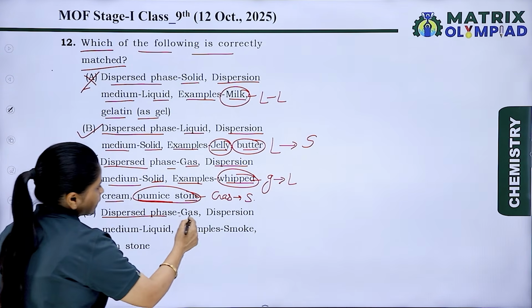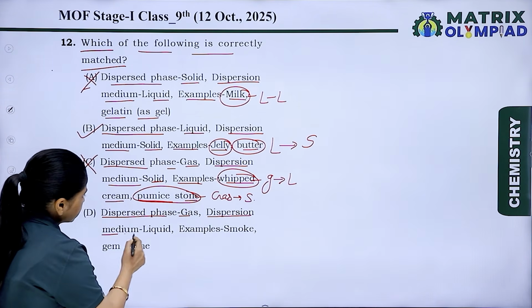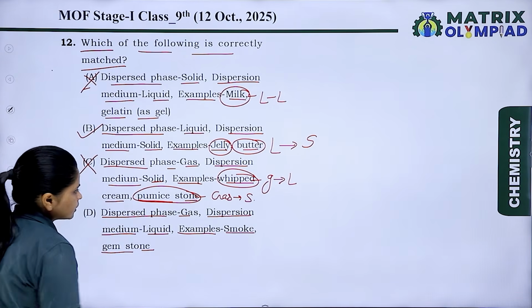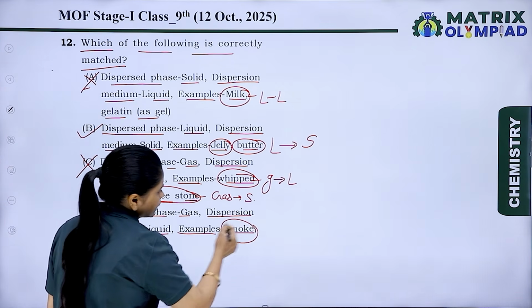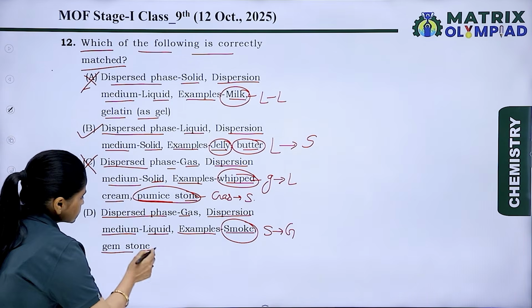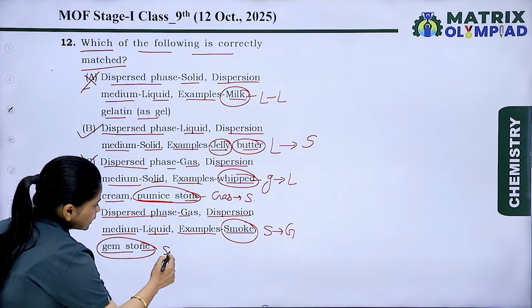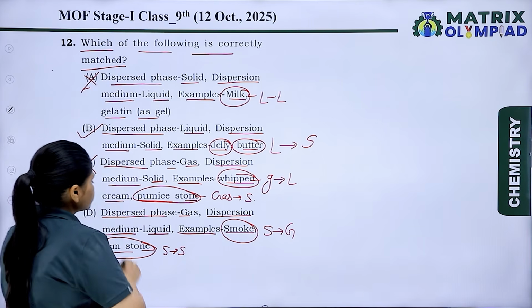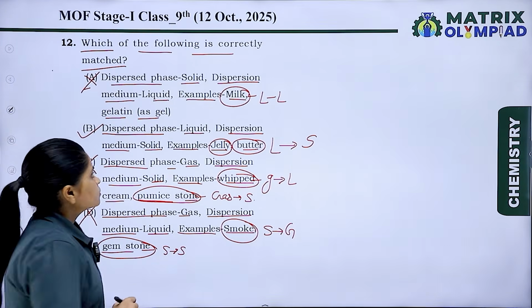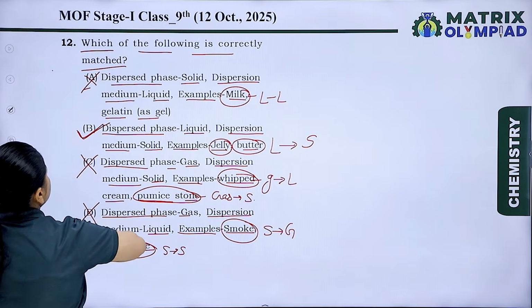Option D: dispersed phase solid, dispersion medium gas. Examples: smoke and gemstone. Let's discuss. As we know, smoke is solid in gas and gemstone is solid in solid. So this is again not correctly matched. So the correct answer is option B.